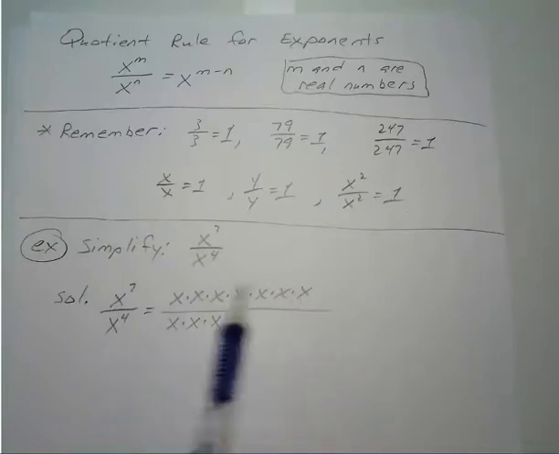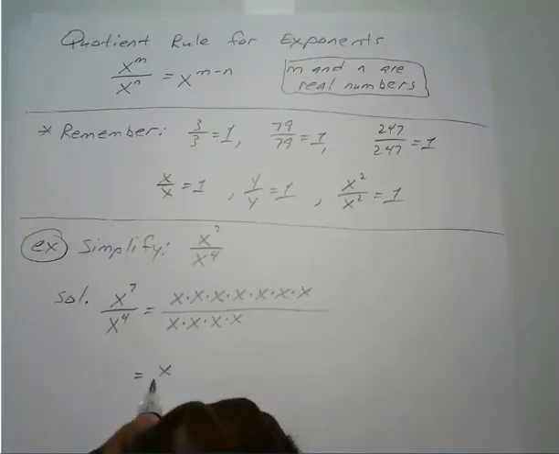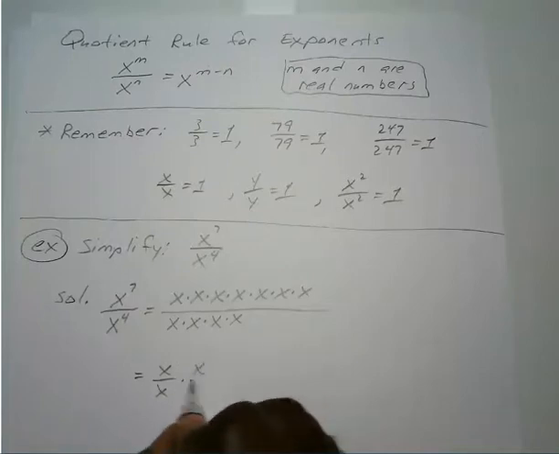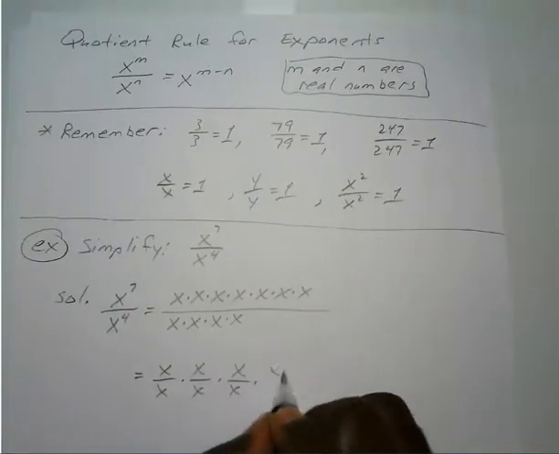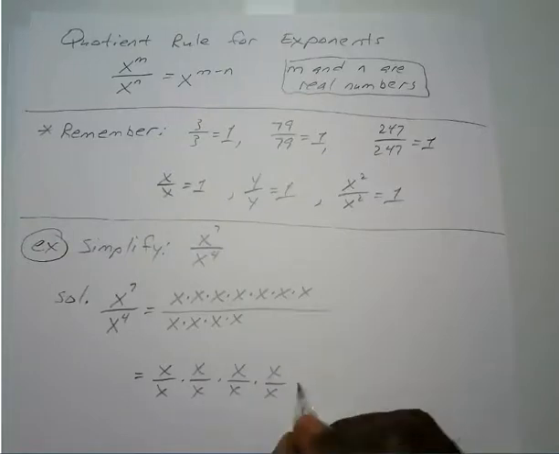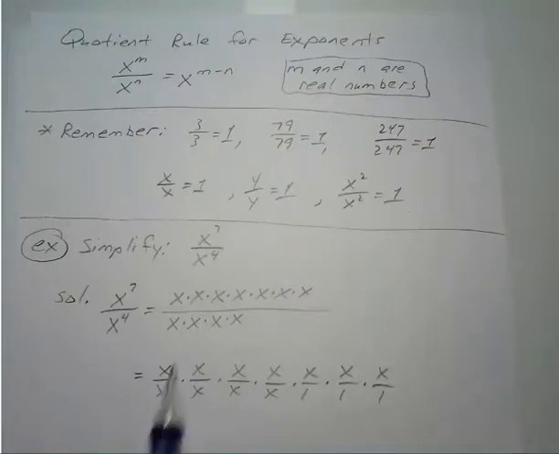Now what if we separated these? That would equal x over x times x over x times x over x times x over x times x over 1 times x over 1 times x over 1. We have 7 x's in our numerator, and x to the 4th power in our denominator.